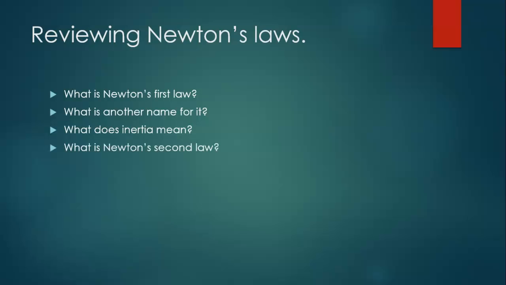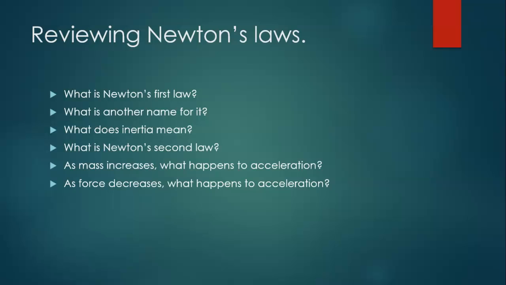What is Newton's second law? Well, we know that Newton's second law tells us that the acceleration of an object is dependent upon the object's mass and the force being exerted upon it. We know that as mass increases, acceleration decreases. As force decreases, acceleration also decreases.